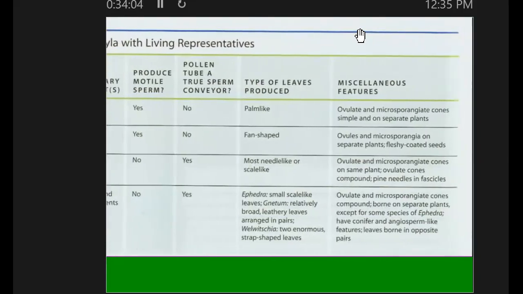And then this last column, a lot of it's asking, are they monoecious or dioecious really? So I'm not too concerned about this last column. It's more of the previous PowerPoint slide where I say, you know, you have to know what monoecious means and what dioecious means in general, just in general. And the reason for that is when we get into the angiosperms, that's going to show up again and we'll be comparing.